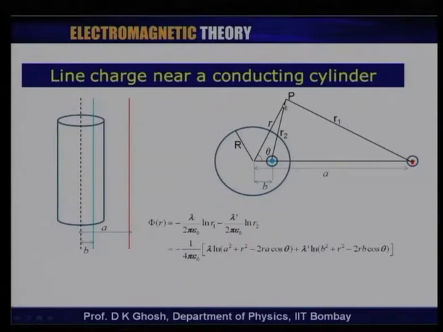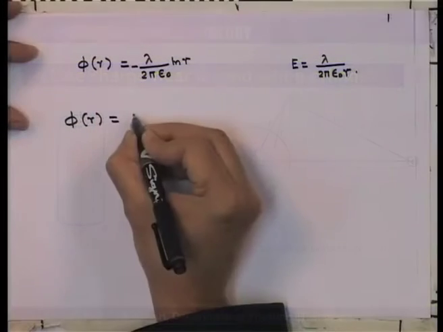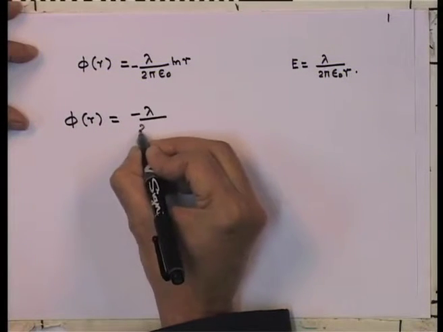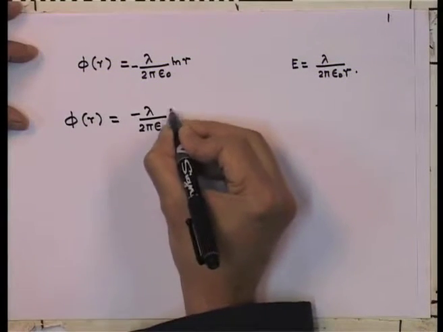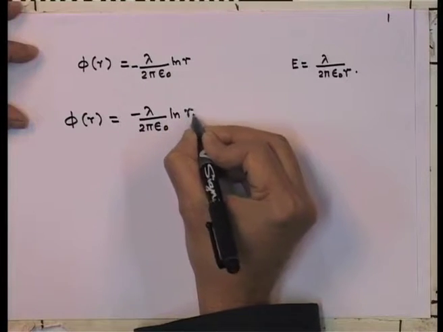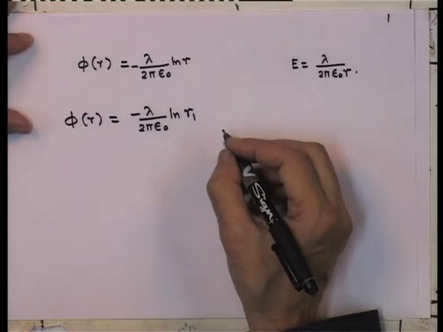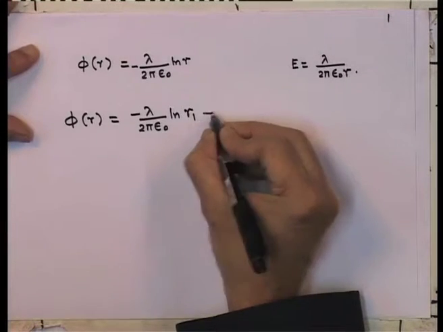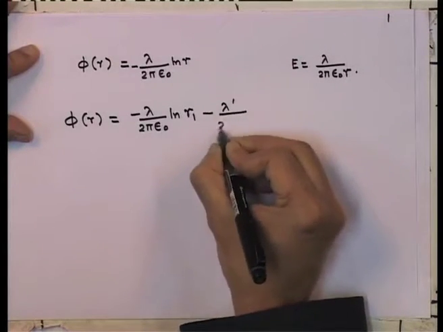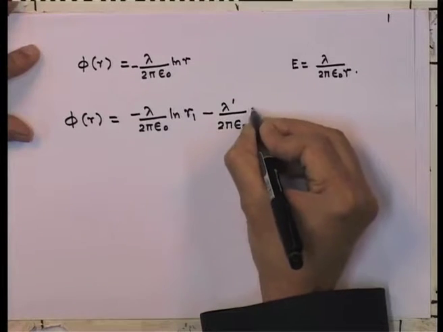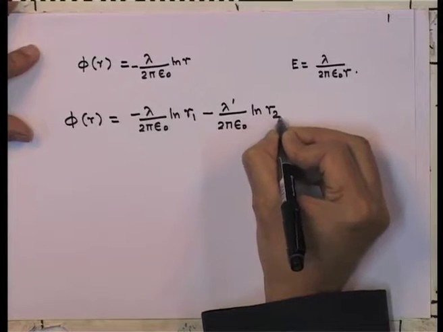So, therefore, we write down the potential due to both as equal to minus lambda by 2 pi epsilon 0 logarithm of r1, minus lambda prime by 2 pi epsilon 0 logarithm of r2.